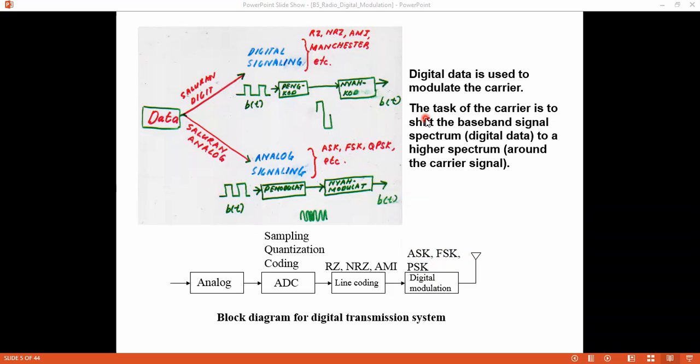Okay, so the concept is very similar, which is the carrier shifts the baseband signal, the digital data, to a higher spectrum around the carrier signal.